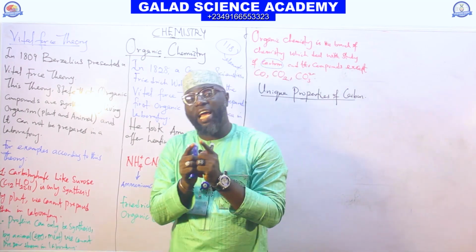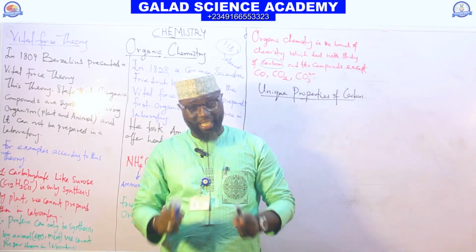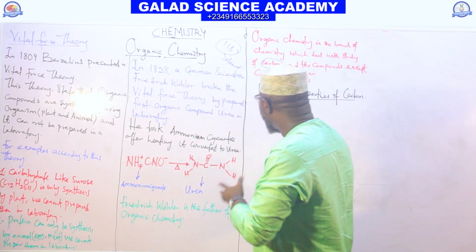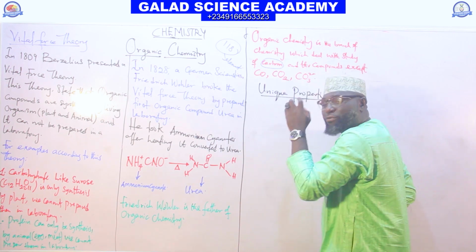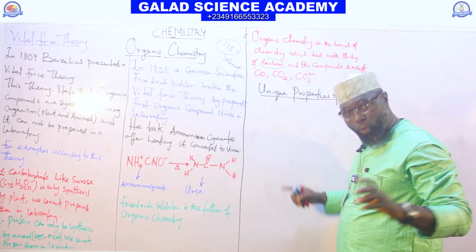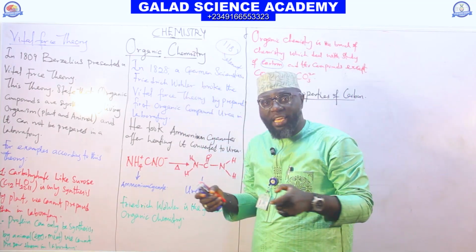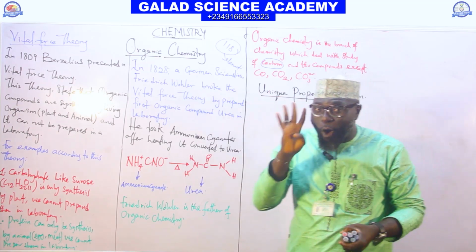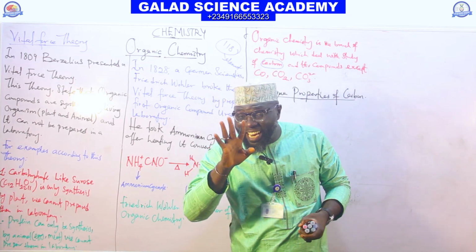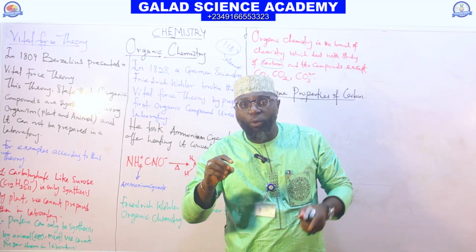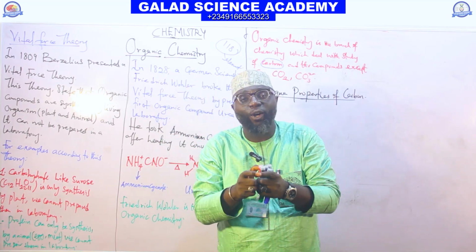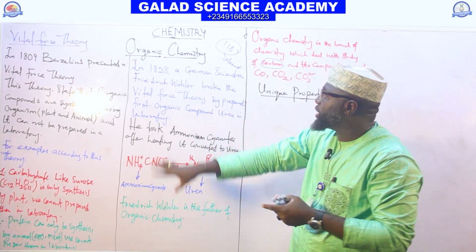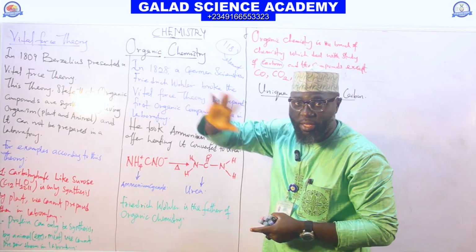Out of the 118 elements we have in the periodic table, only carbon has these 4 or 5 unique properties, which are not common in any other element. This ability makes carbon ideal among the other elements, and makes it studied in organic chemistry.